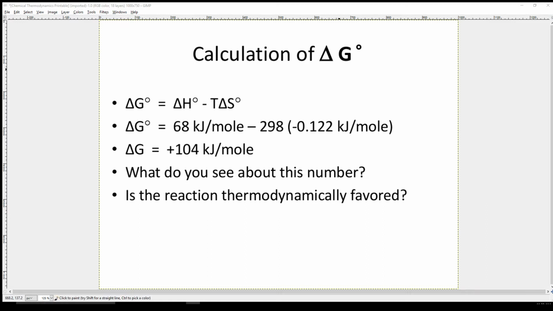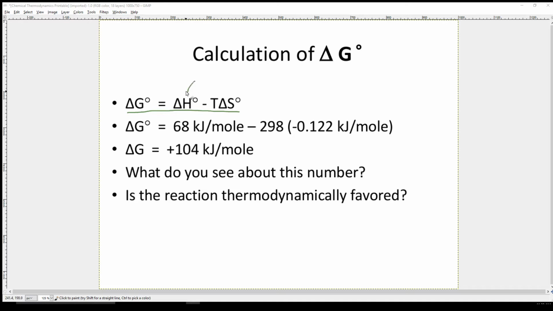Okay, there's another way to calculate delta G. This equation is given on your formula sheets, so you've got that going for you. You have your standard enthalpy minus your temperature times the entropy at standard conditions again. You could calculate these a whole bunch of different ways.